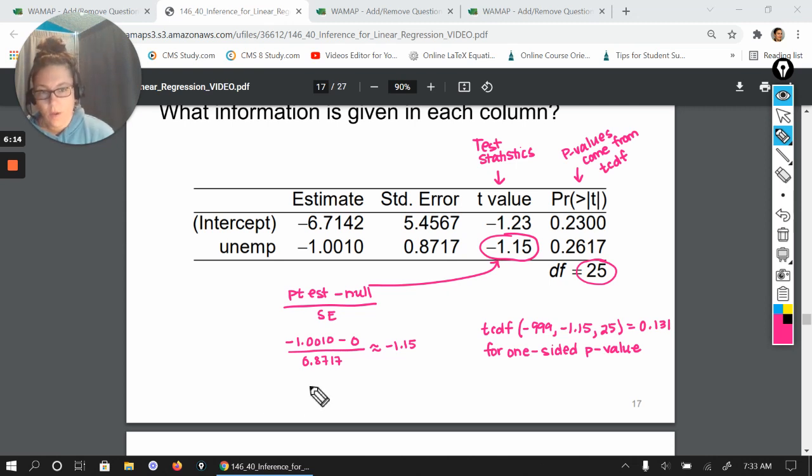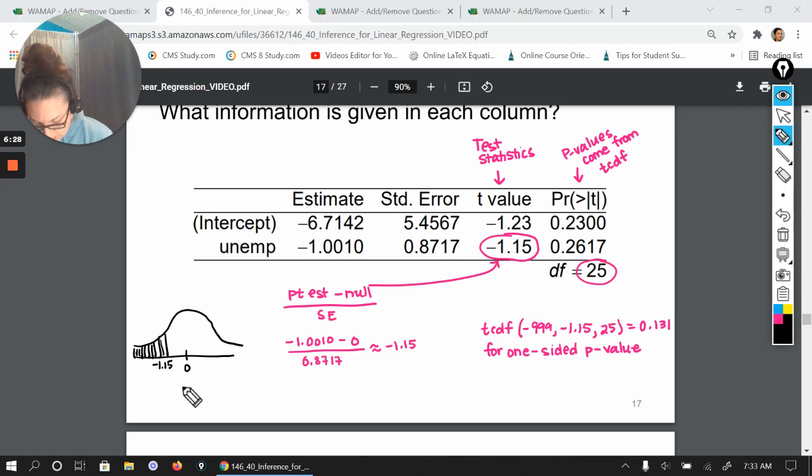Now, if we did want a two-sided p-value, remember that the t-distribution curve looks much like a normal curve. The center is at 0, so here's about negative 1.15, and we measure all the area to the left. That's the one-sided p-value.